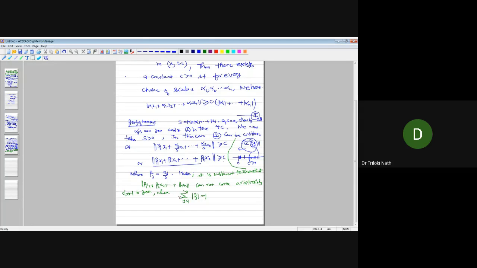You check that. Beta j is alpha j by s, so mod alpha 1, mod alpha 2, mod alpha n divided by s, so this is 1. So we are claiming that it cannot come arbitrarily close to 0.